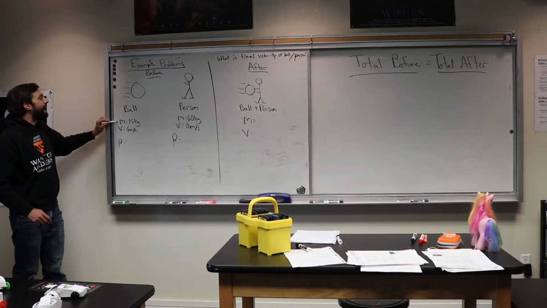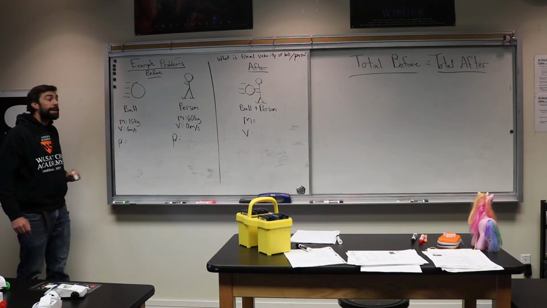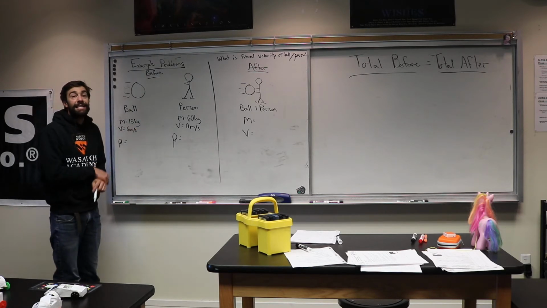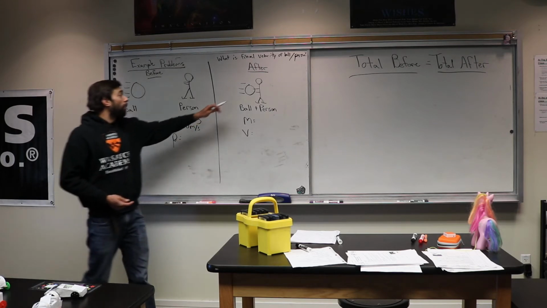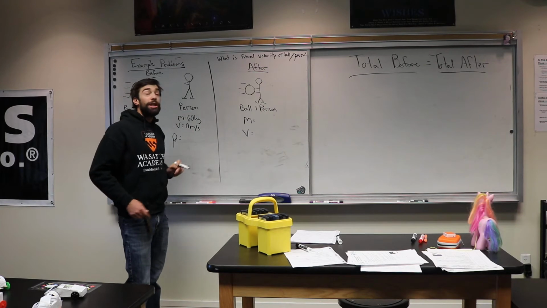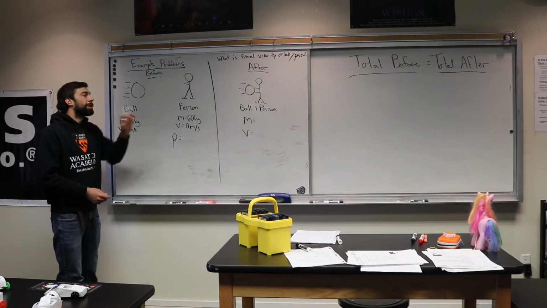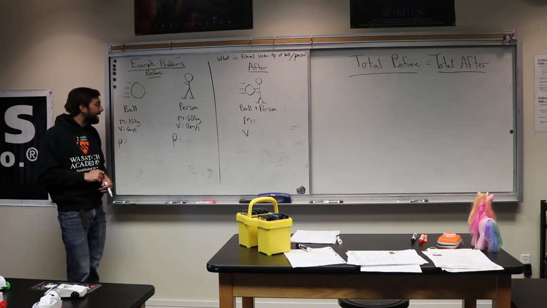We're given the mass is 15 kilograms, the velocity of the ball is 6 meters per second, the mass of the person is 60, and they are standing still, so their velocity is 0. All we know is that after the collision, they move together as one object. We'll talk about what that means in a little bit.